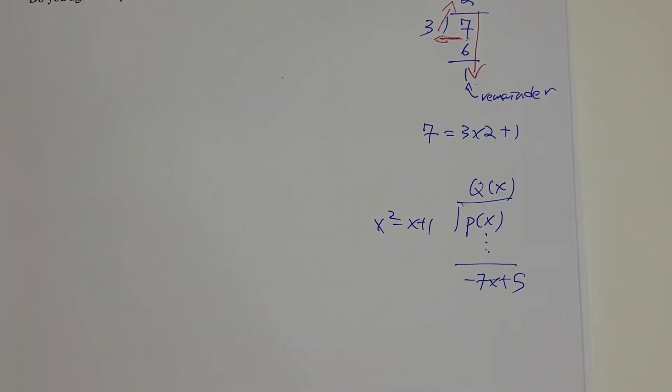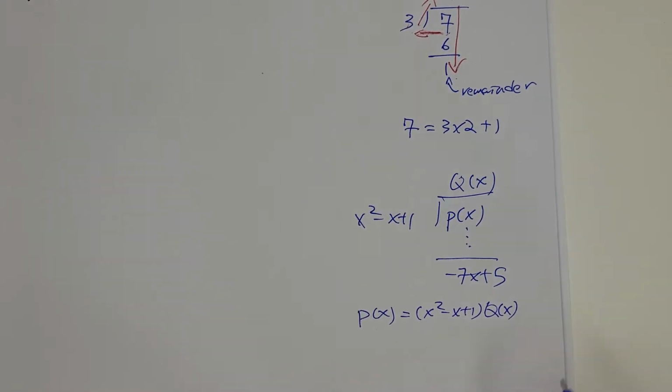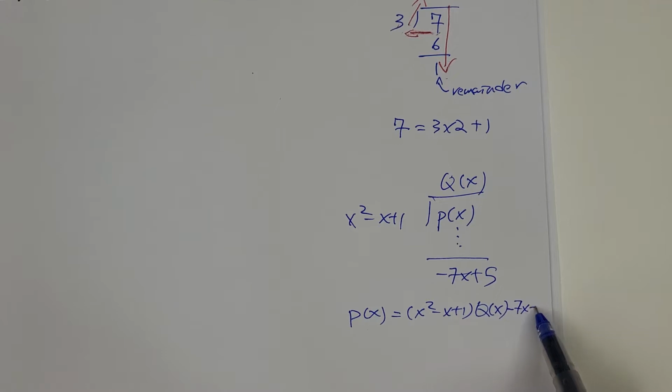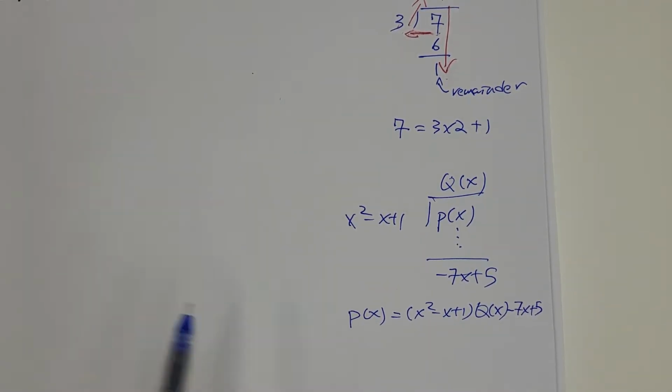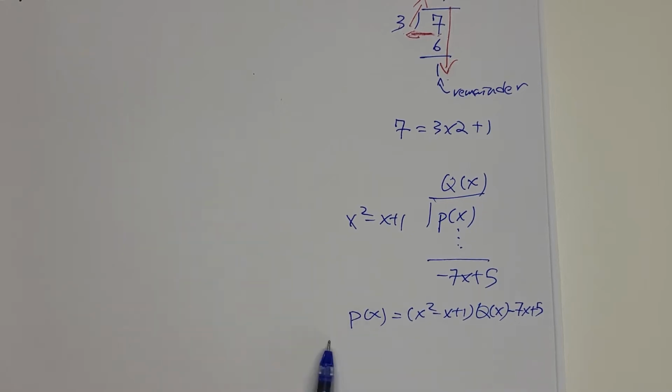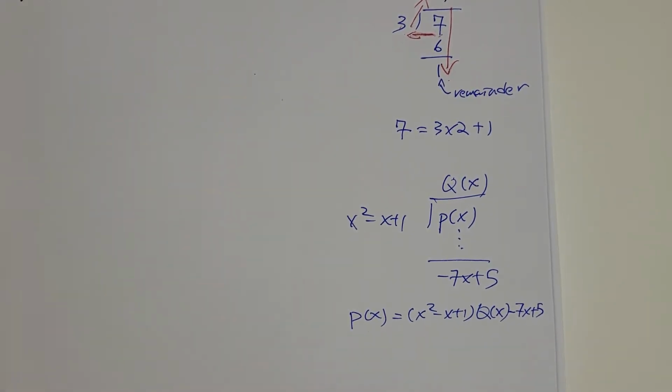Therefore, you can also present it in this way. The polynomial P(x) equals x squared minus x plus 1 times a quotient Q(x), and then plus the remainder negative 7x plus 5. That's the way you can express all these functions horizontally, in the form of an equation.